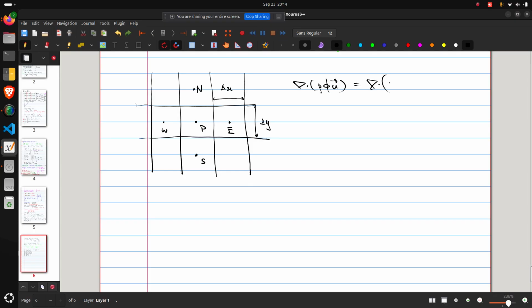We will assume it is a known quantity, and then we will deal with the different terms differently. So, now the first step, if you remember, we will just do a volume integral. So, we will do a control volume integral.